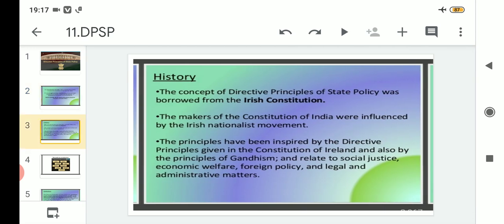After that we read about the history of the directive principles of state policy, that means from where the framers of the Indian Constitution included them. And we came to know that they were actually borrowed from the Irish Constitution.